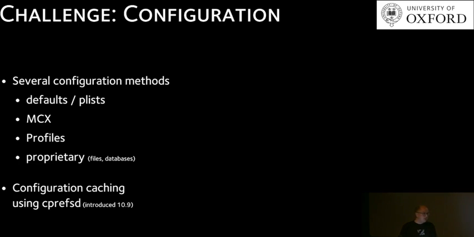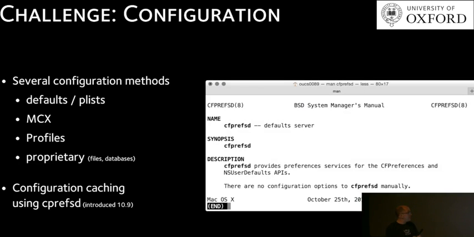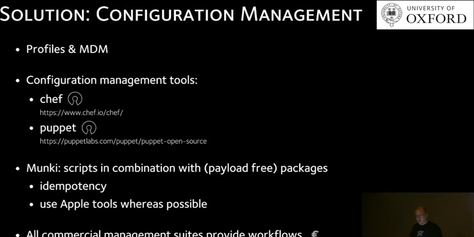And to make life even harder, there is now this wonderful cfprefsd, and if you look at the man page, that's the man page, so it doesn't tell you a lot about it, so you have to figure out how that works. I think personally the way forward is profiles and MDM. And we are not there yet.